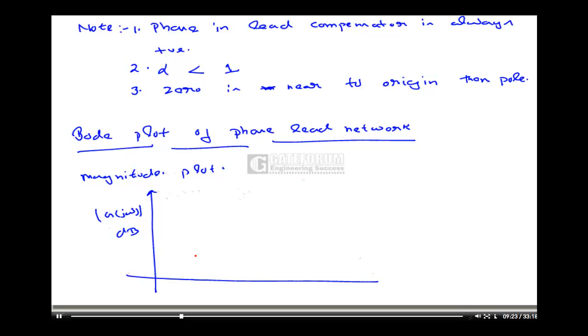Up to the first point, 1 by tau, which is one cutoff frequency, the magnitude will be close to 0.